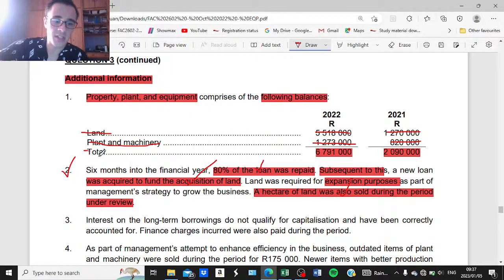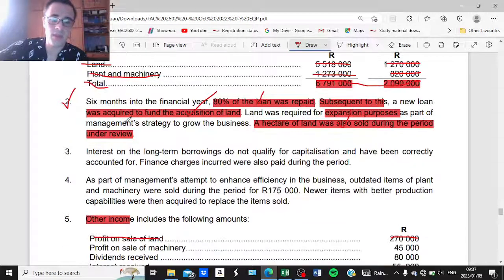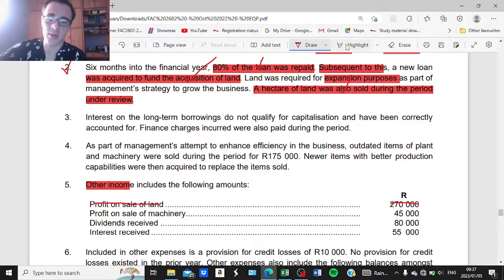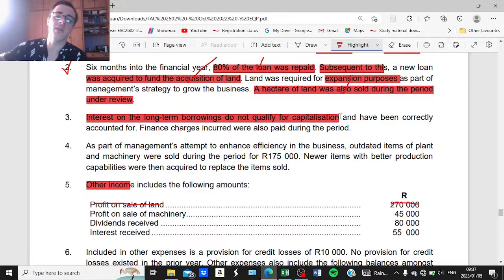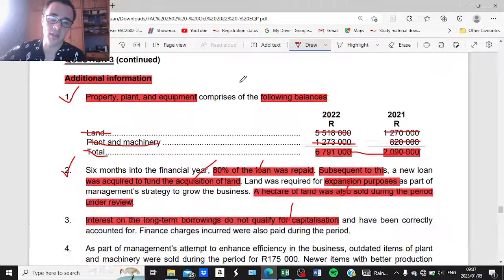Right, so we are done with additional information point 1 because those are just the totals provided. Now we can move on to additional information point 3, which says the following. Interest on the long-term borrowings does not qualify for capitalization, so the interest amount is not added to the value of the loan. Otherwise we would need to consider that in determining the changes in the long-term loan.